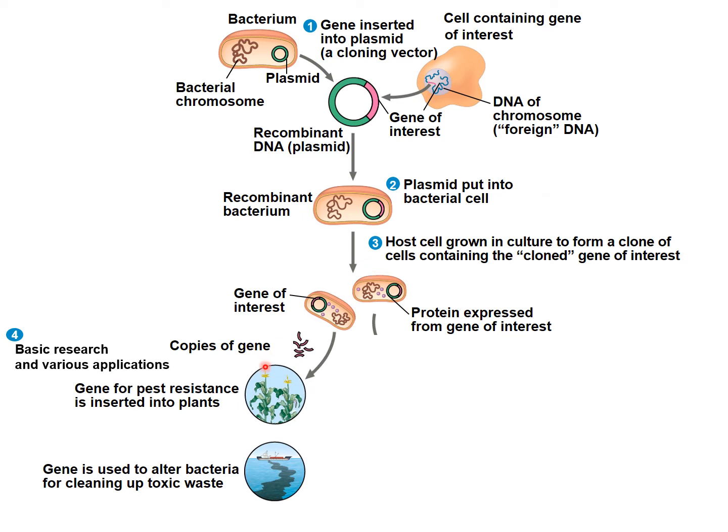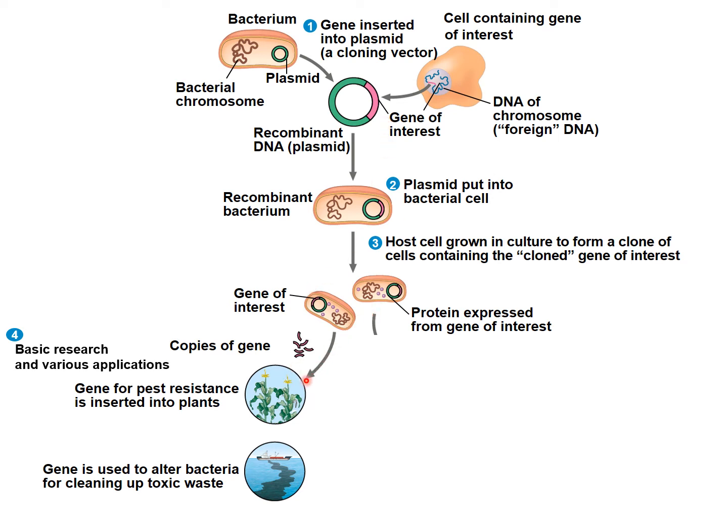So we could use this protein or modify bacteria in ways which can be applied to certain problems that we have. So it could be used for basic research and other types of applications.